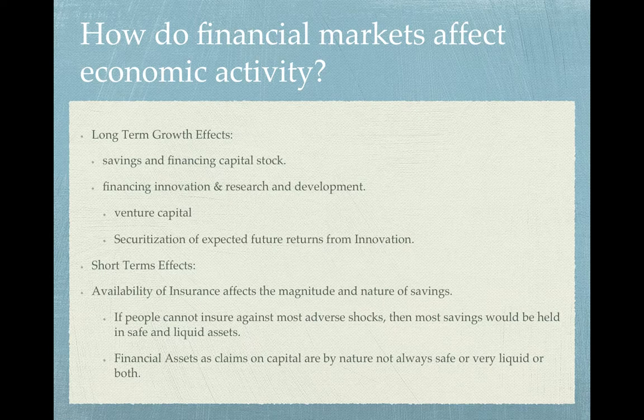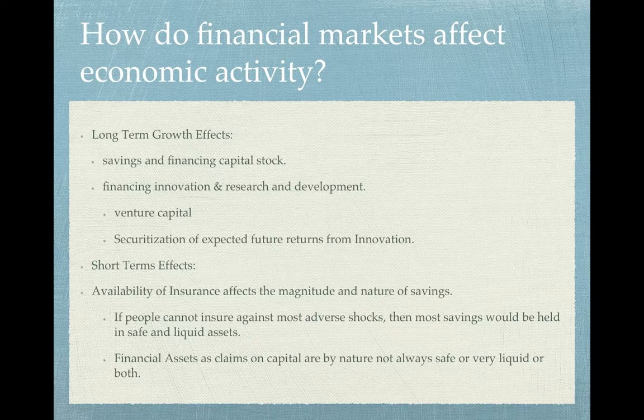And therefore, I might end up putting my money into something like gold, for example. So, if people cannot insure against most adverse shocks, then most savings would be held in safe and liquid assets.